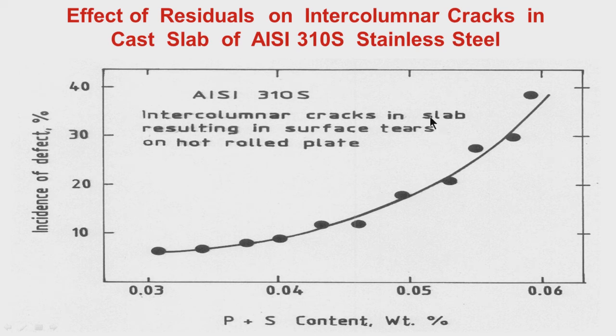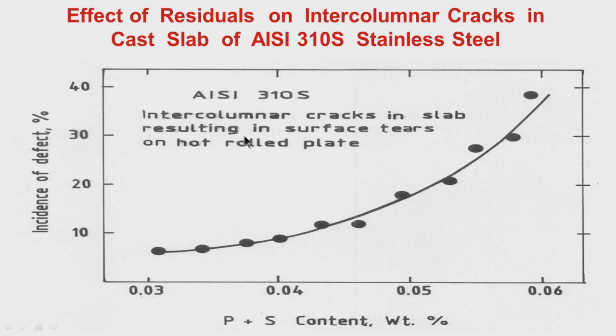So, here what happens, due to total austenitic solidification, the role of microsegregation is very pronounced, and because of that the shell is very thin, and because of that the shell cannot withstand ferrostatic pressure. So, you might have a lot of intercolumnar cracks, because those areas have low strength.